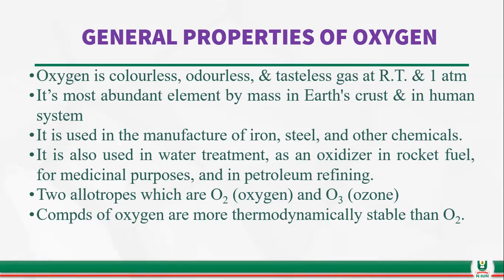But here by mass, when we are talking about weight, oxygen is more abundant than nitrogen. Remember that nitrogen has atomic number 7, oxygen has atomic number 8, and in the metric tons, it will reflect that 1 unit difference. So it's the most abundant element by mass. Remember that phrase, by mass, in Earth's crust and in the human system.